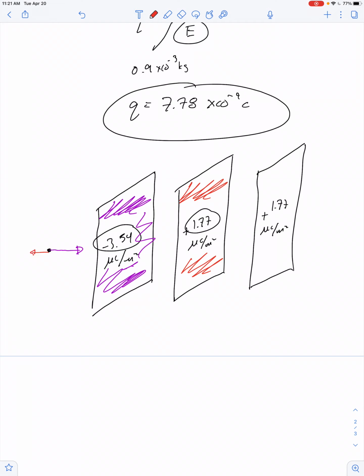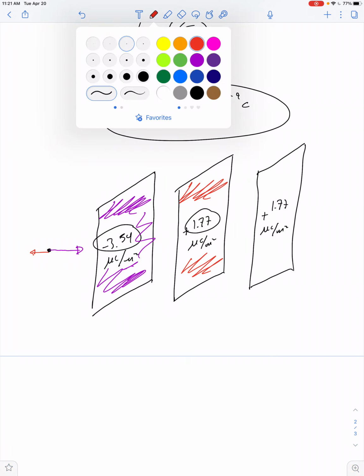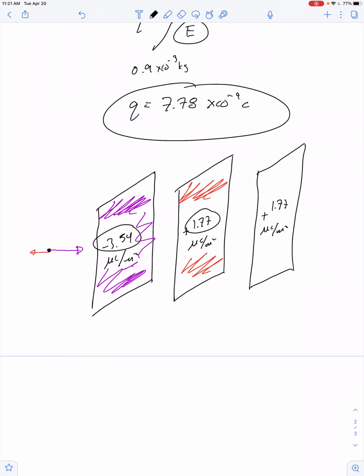And I've drawn that vector exactly half the length of the first vector. Notice, we're told that these are sheets of infinite dimension in terms of their length and width, so it doesn't matter that this point is farther away from this sheet than it is from this sheet, because this dimension I might call D doesn't factor into the strength of the electric field.